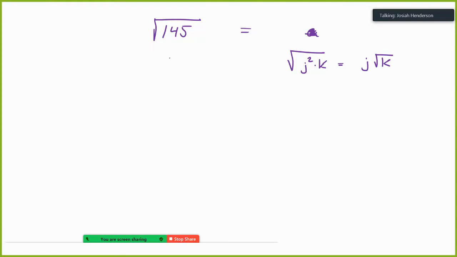However, when I try it with the number 145, I start dividing, right? I know I can divide it by 5. 5 times 29. Then we start trying to break 29 down. Ideally, it would be 5 times something, right? So that way we would have a pair of 5s, and then that would get to come out like the j did on the right side.